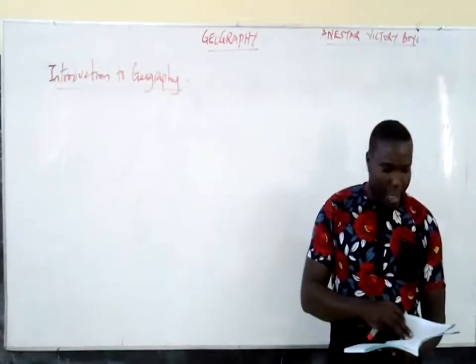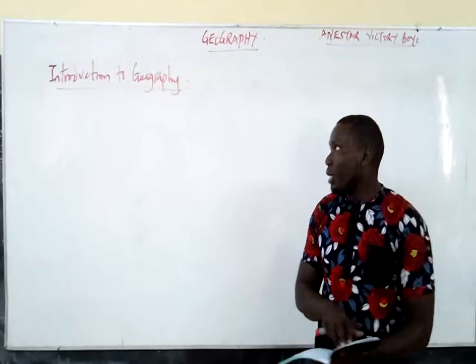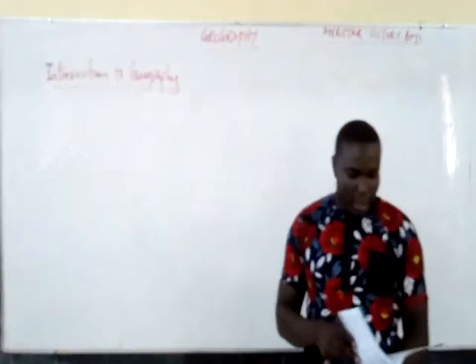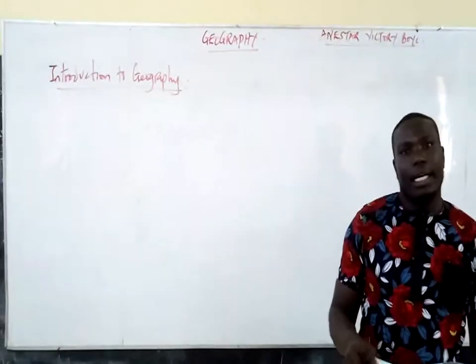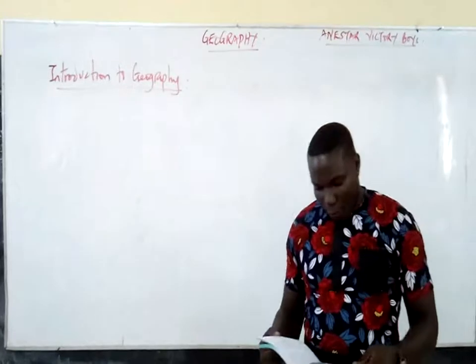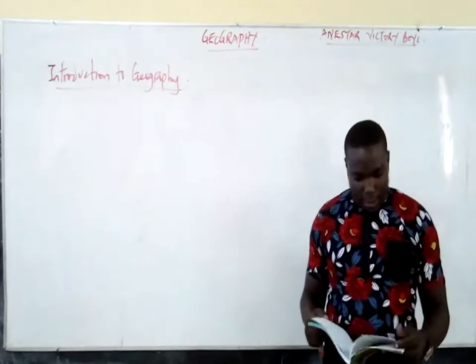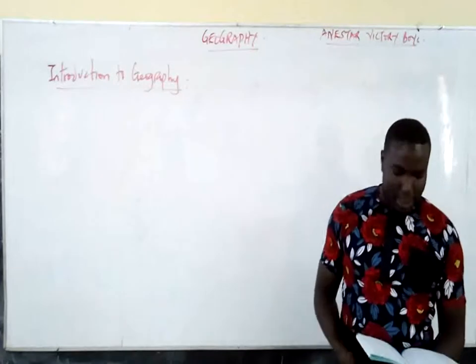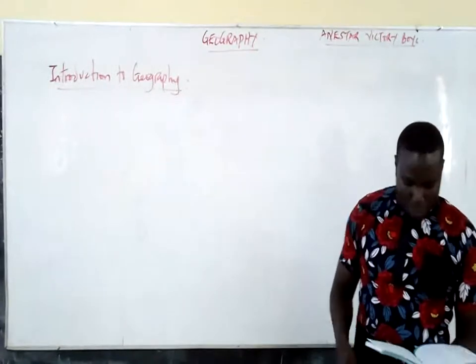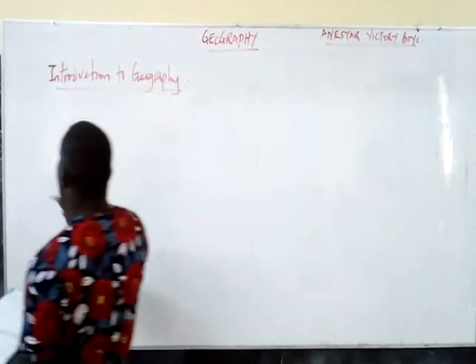Therefore, after looking at the relationship between geography and other disciplines, we are going to look at also the diagrammatic representation of this relationship between geography and these other disciplines. Quite a number of the disciplines that we are going to look at that relate with geography, right from agriculture.